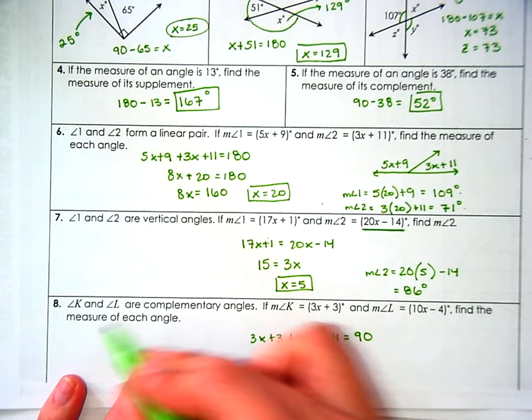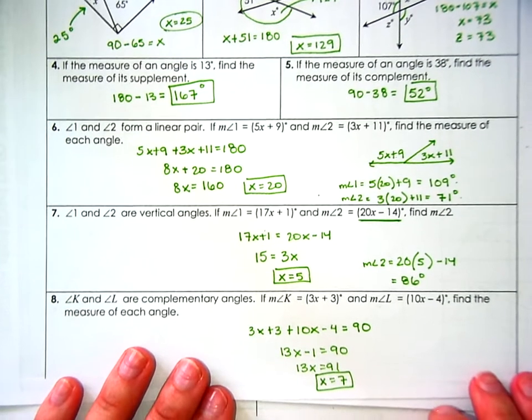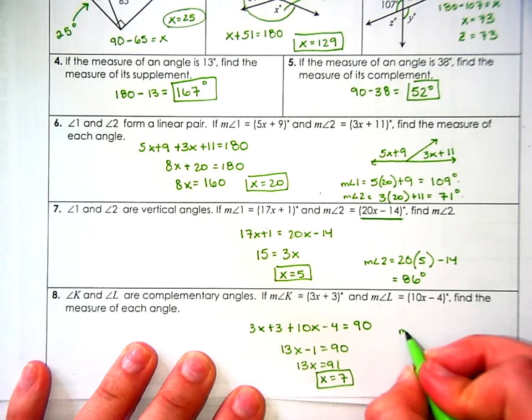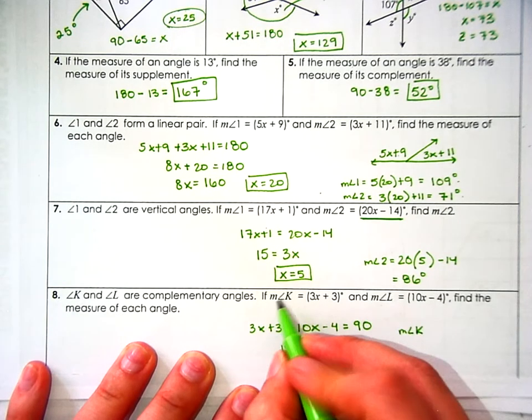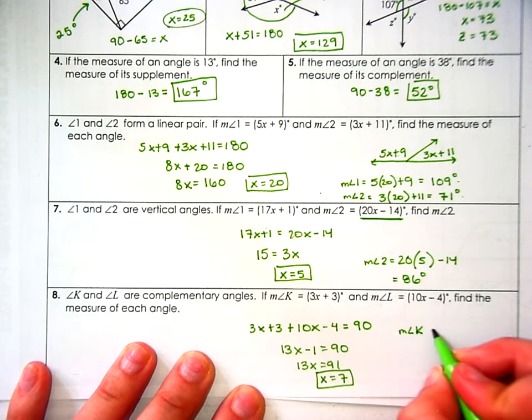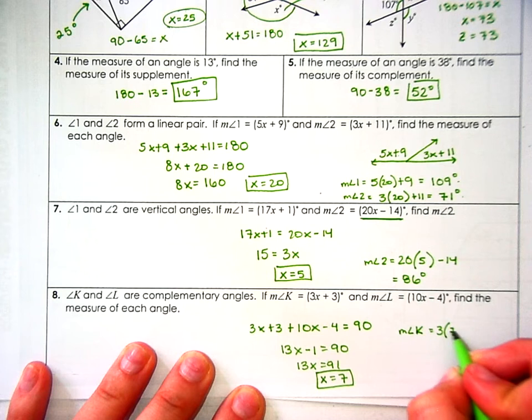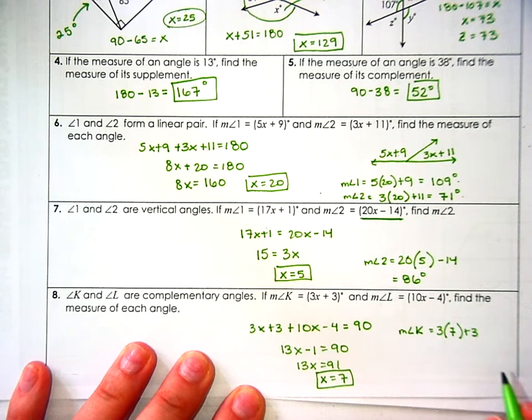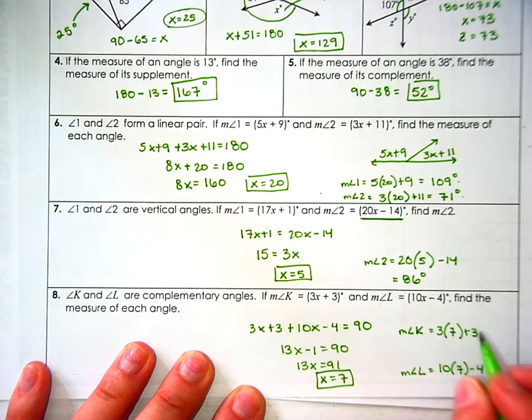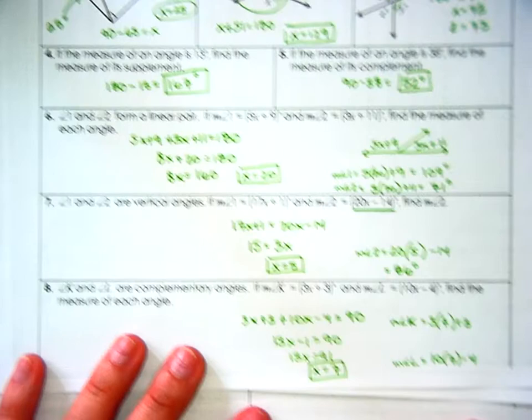Again, they want the measure of each angle. Always read your directions. So the measure of angle 1, oops, we have letters here, that's measure of angle K, is 3 times x plus 3. And then the measure of angle L is 10x minus 4. Notice for both x's, I put 7.